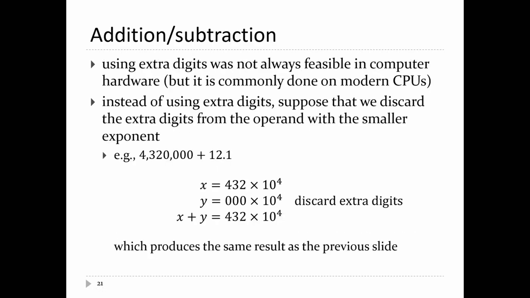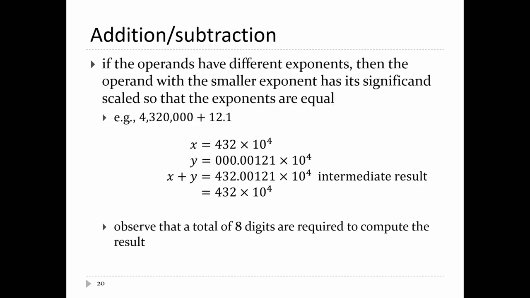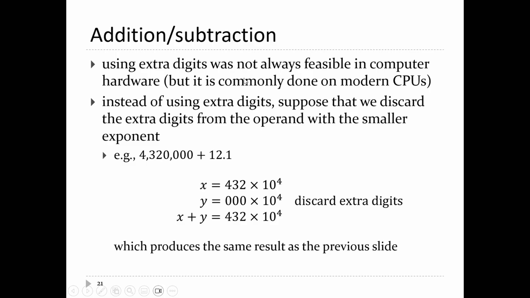Okay, so what would you do here? It might be possible that, in your representation, we're going to use 3 digits for the significand and 1 digit for the exponent. But when you're doing these calculations, it might be useful if you had some extra digits.